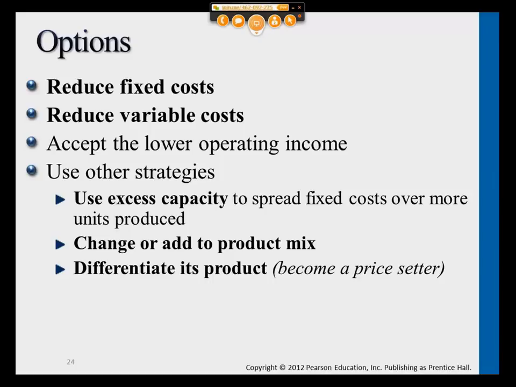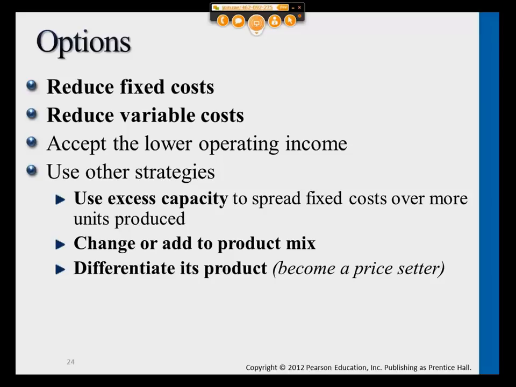What are they? We can use excess capacity. That's going to let us spread some of the fixed cost over more units that are produced, right? The more I produce, the more I can spread that cost. I can also alter my product mix.